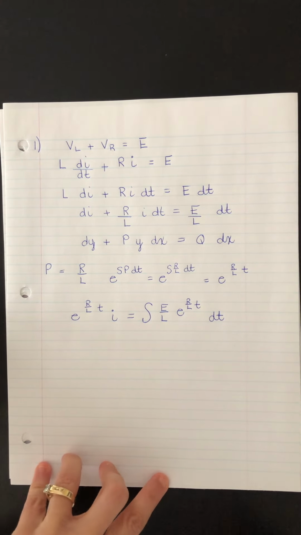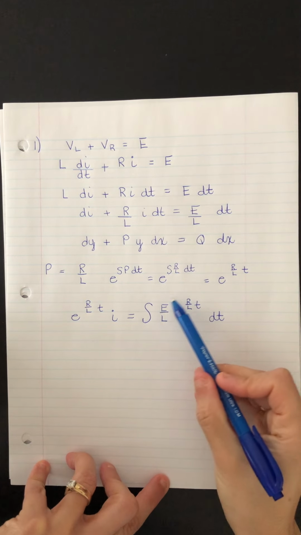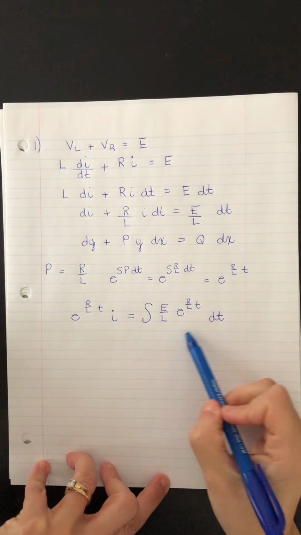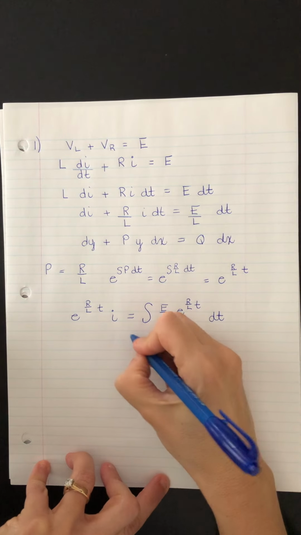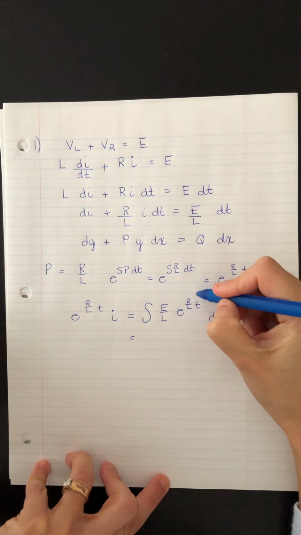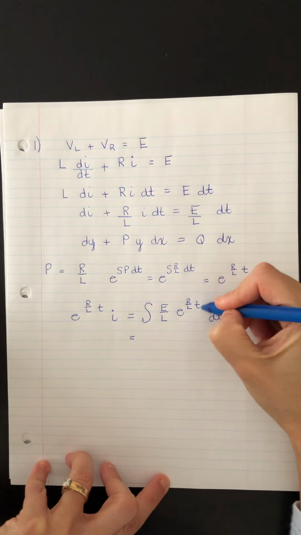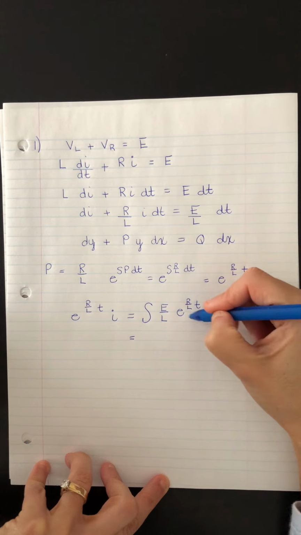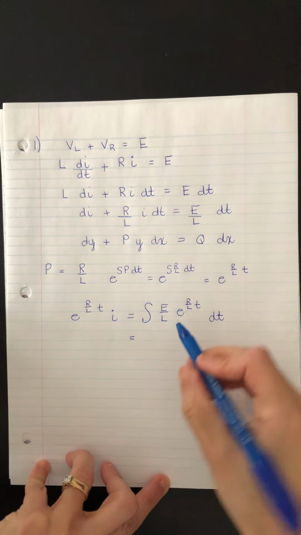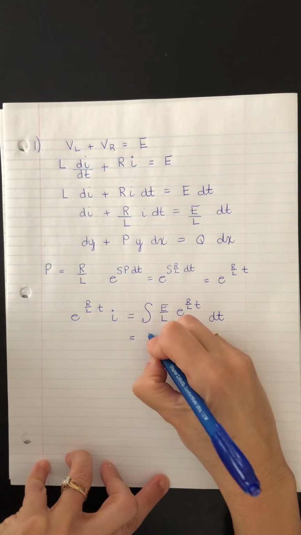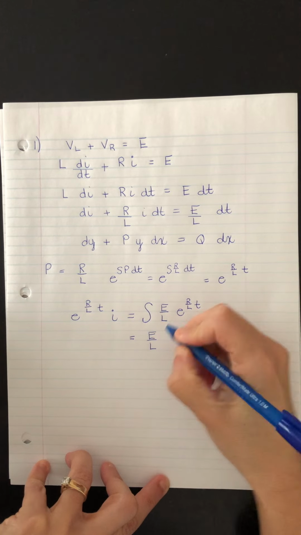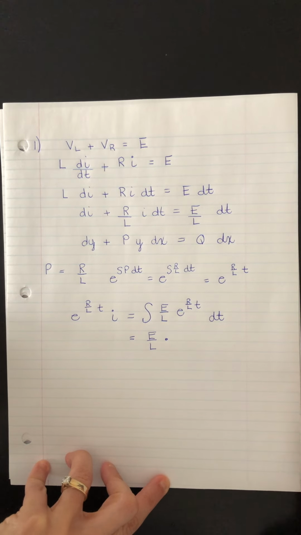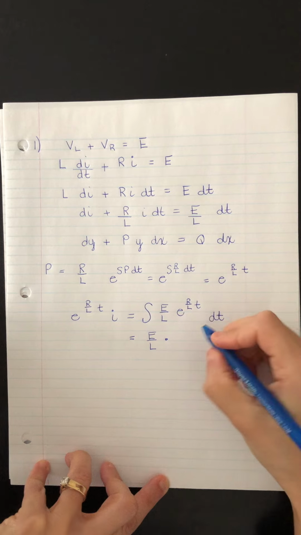All right, so to continue, we need to actually integrate this function right here with respect to time. Well, it's an exponential function, and the derivative of the exponent is just a constant. So the derivative of this exponent would be R over L. And so that means the integral of this has E over L multiplied by the integral of this function.